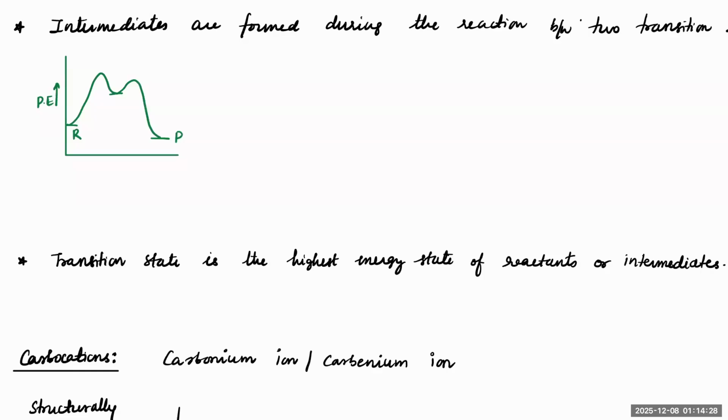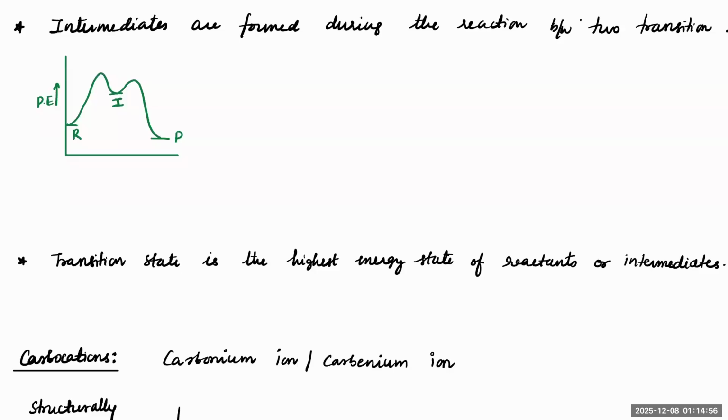When the potential energy of a reactant is rising, it means there is bond breaking taking place. And instead of directly coming to the product, if it is taking a pit stop like this, that is the place where it is lowering its potential energy from a very high potential energy.